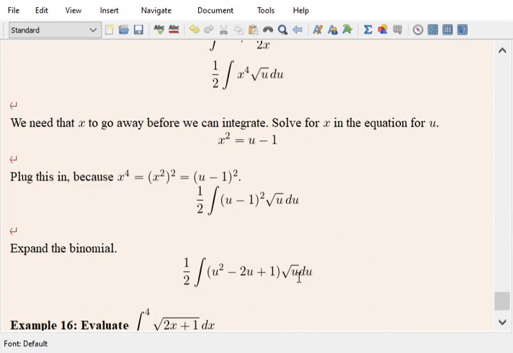And then let's take this square root and distribute it. Because square root is just u to the power 1/2, all we're going to do is increment the exponents by 1/2.